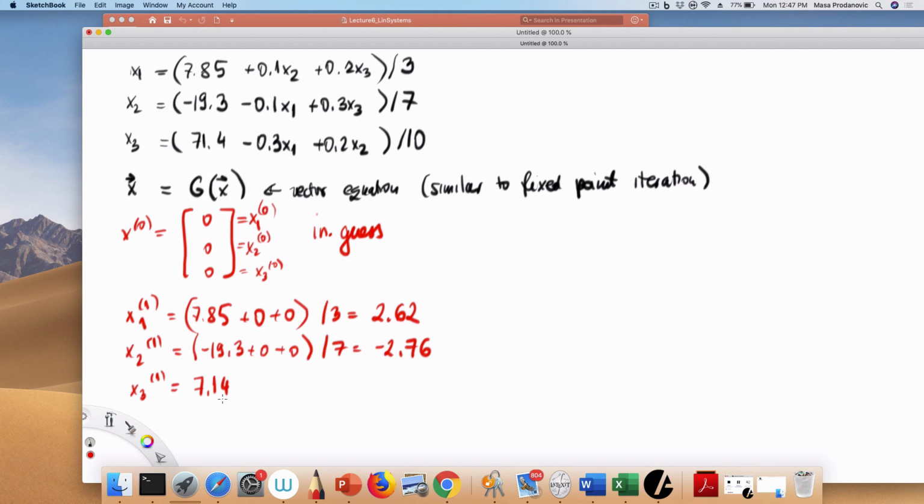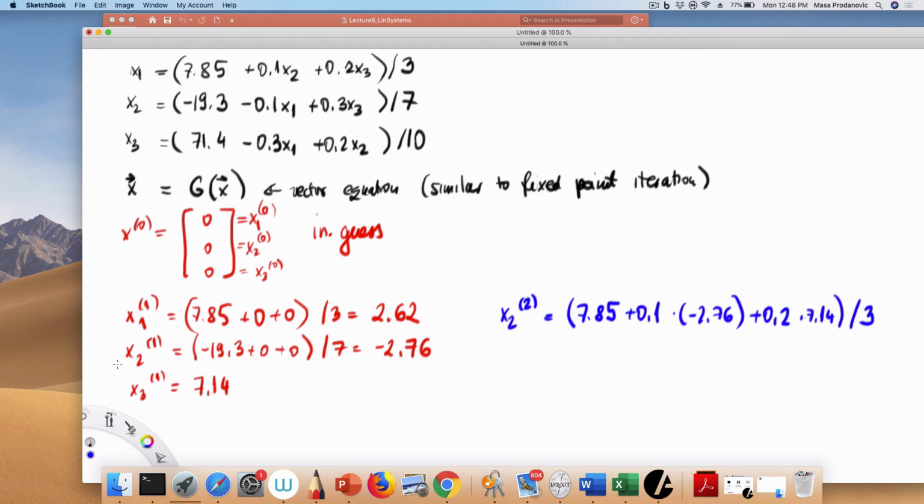How do I proceed to get iteration 2? So I'm going to plug these numbers into the same set of equations, right? So x1,2 is 7.85 plus 0.1 times x2, which is now minus 2.76, right? Plus 0.2 times x3, which is 7.14, divided by 3. Yes?